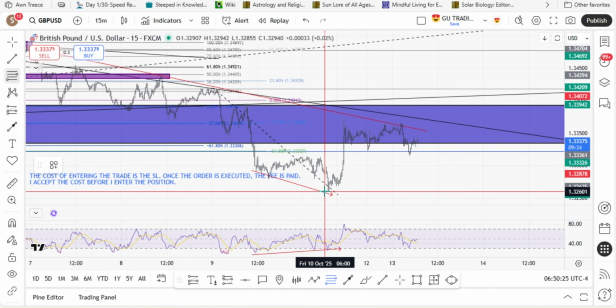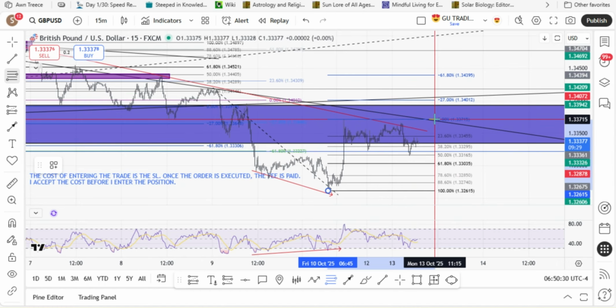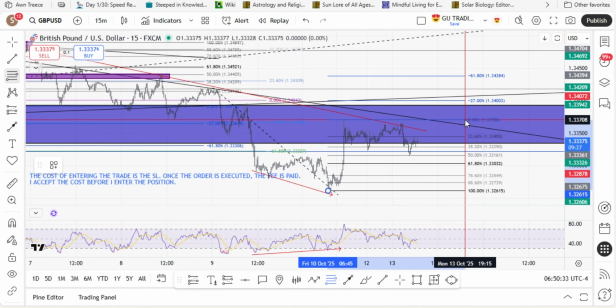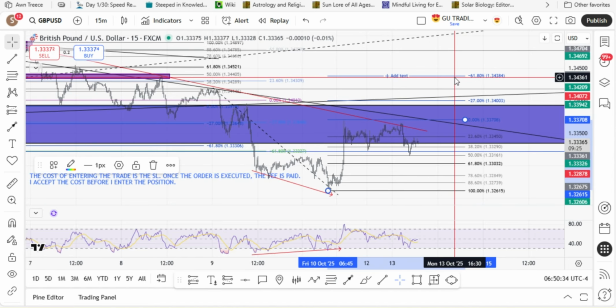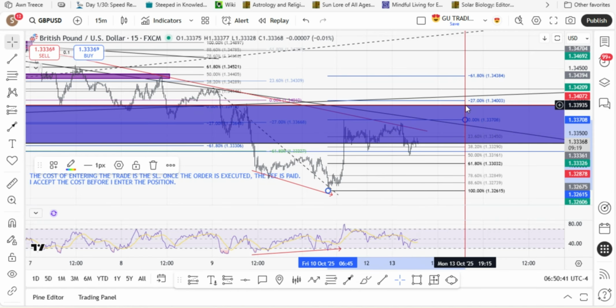Let's see what happens if we put a fib here. Okay, negative 61 would go to this previous zone level. Negative 27 goes up to that new trend line that I just drew.